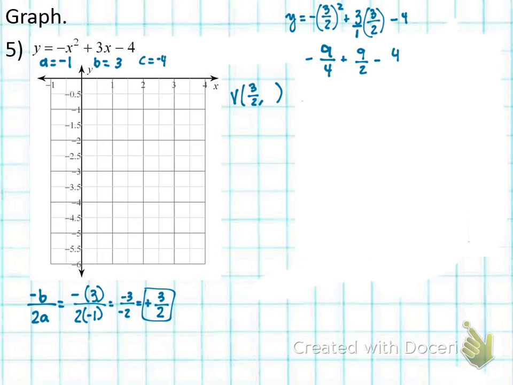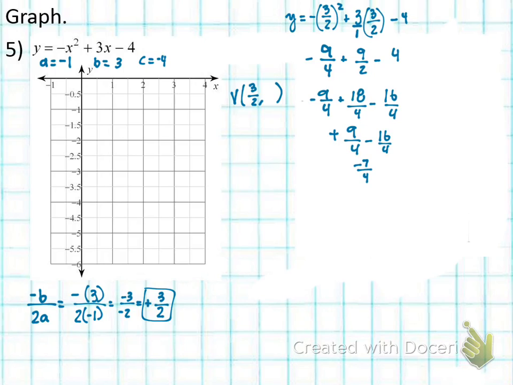Now we're trying to find a common denominator out of all of these, so the common denominator is 4, so we have negative 9 fourths, plus 18 fourths, minus 16 fourths, okay? Negative 9 plus 18 is positive 9 over 4 minus 16 fourths. 9 minus 16 is negative 7 fourths, okay?